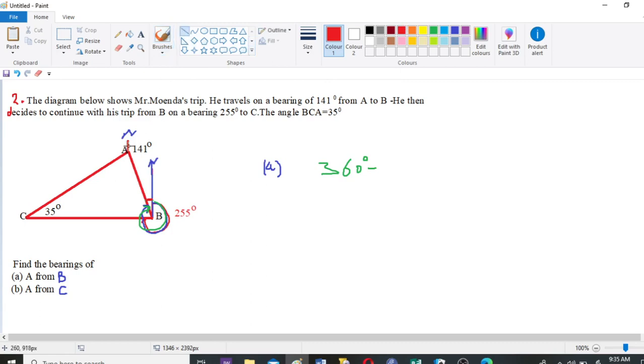Remember that if you extend this line which you have here, and this one here, which you drew as your north at B, they will give you two parallel lines, right? Since these two give you two parallel lines, this angle here and this small angle you are looking for are alternate interior angles.